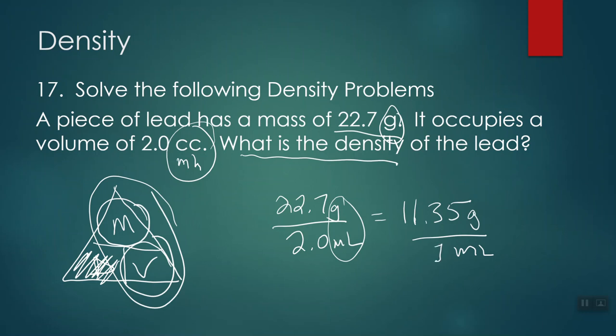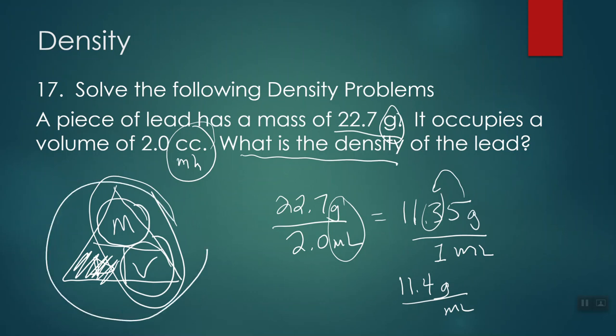This is an understood one. Now, I just like to have one decimal place, so I'm going to round the 3 up to a 4. So 11.4 grams per milliliter. That's it.